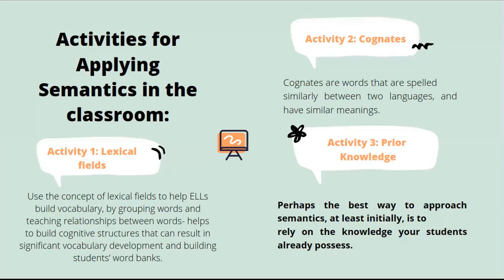And the third activity is prior knowledge. This strategy can help your students realize how much they already know about semantics, even if they've never heard the term before. Perhaps the best way to approach semantics, at least initially, is to rely on the knowledge your students already possess.